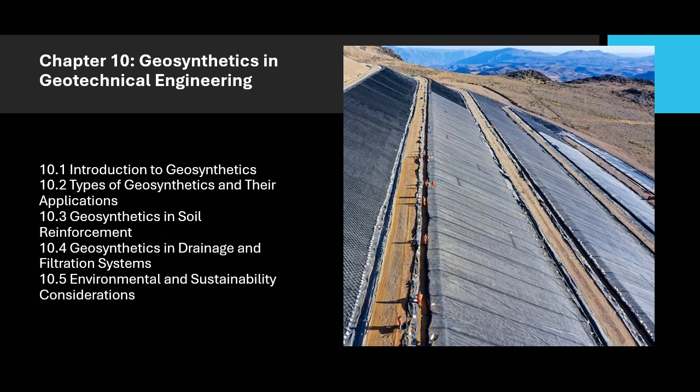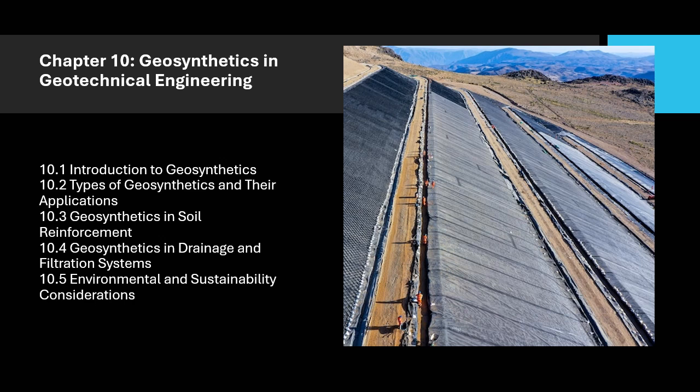3. Manufacturing waste. The production of geosynthetics often generates waste materials, such as scraps from manufacturing processes. If not properly managed, this waste can contribute to environmental degradation. Additionally, the production of geosynthetics may involve the use of chemicals and additives that have their own environmental and health impacts. 4.